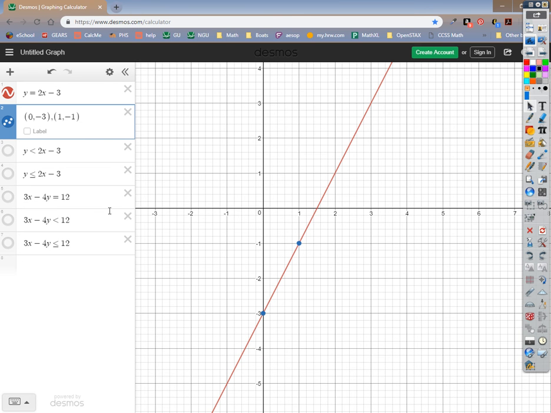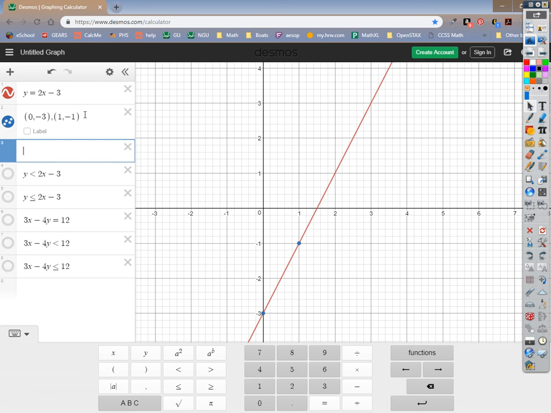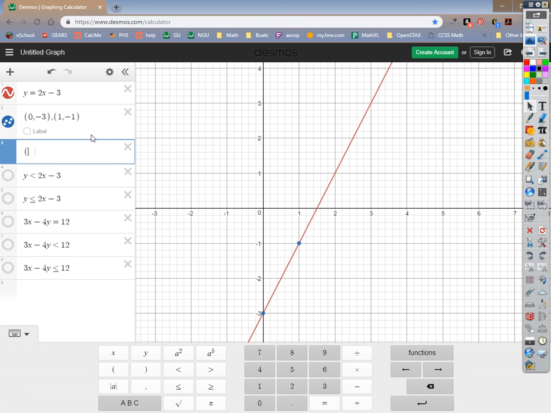Okay? So let's check some points here then. You tell me, is this point that I'm graphing up here going to be a solution or not?